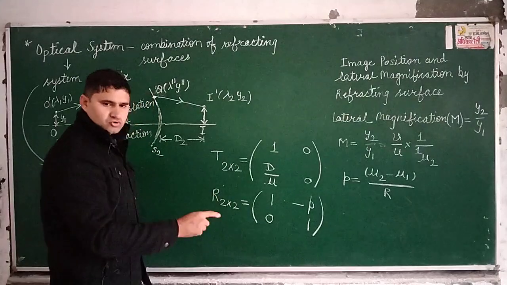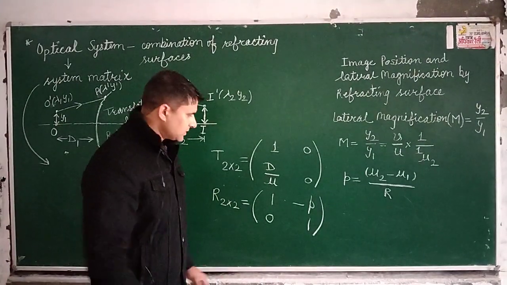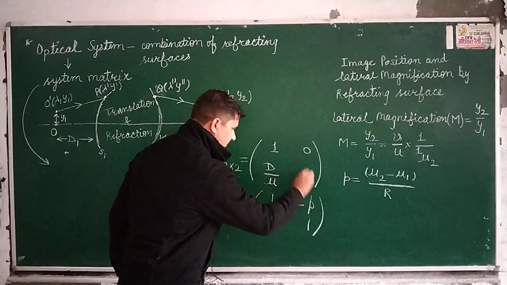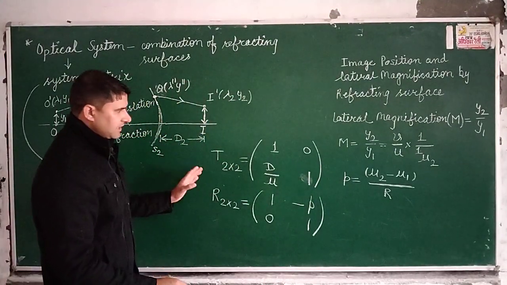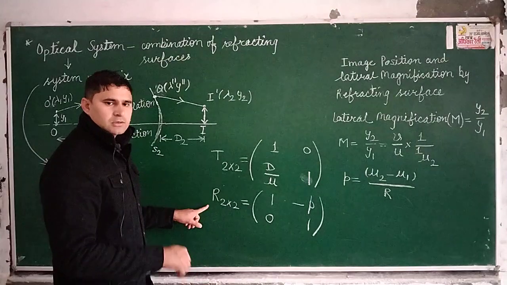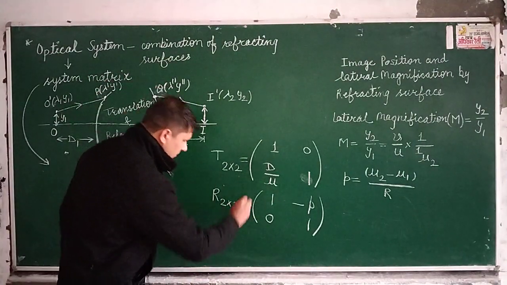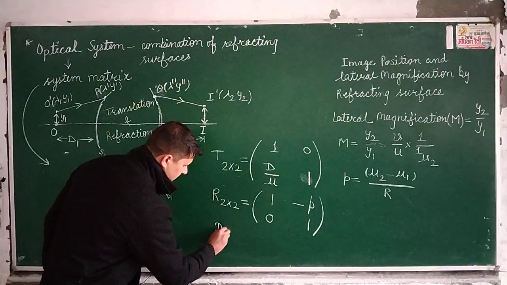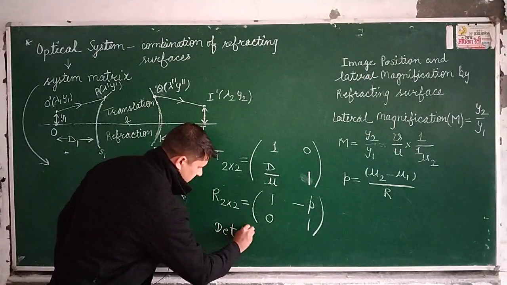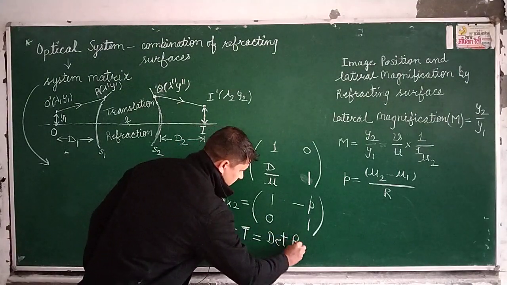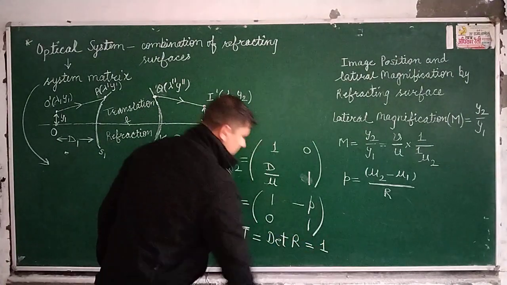So both are 2 cross 2 matrices. Okay class, I made a mistake, this is 1 here. Now if you find the determinant of the translation and refraction matrices, you will see that the determinant of translation is equal to the determinant of the refraction matrix, and this comes out to be 1.